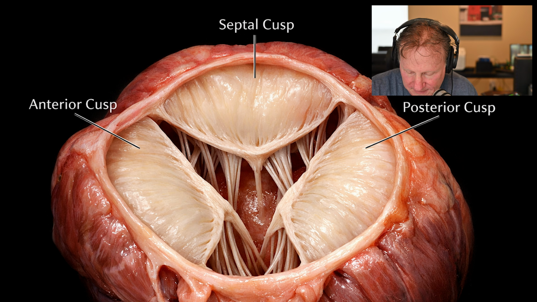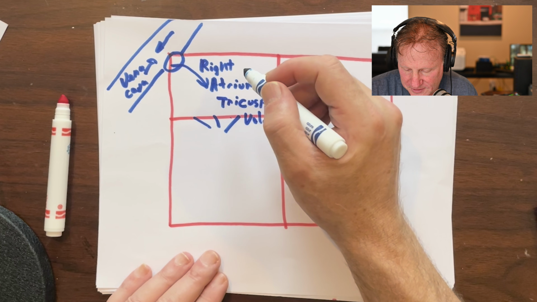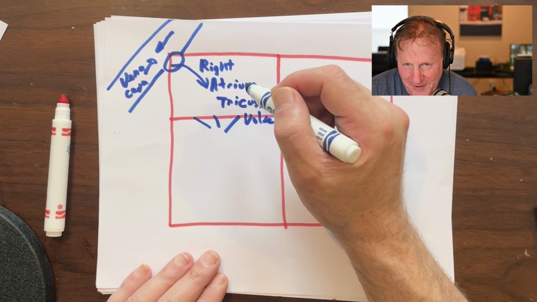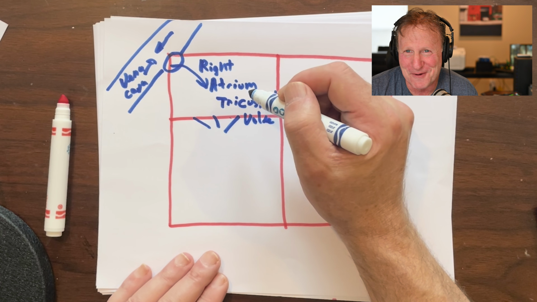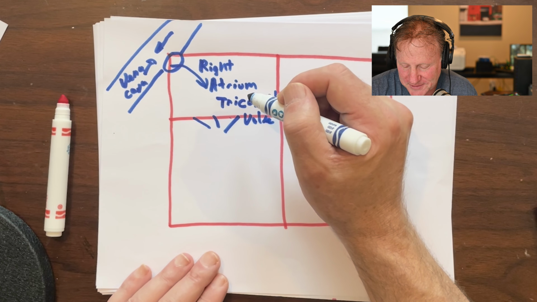The valve is composed of what looks like 3 cusps, and as a result of it having these 3 cusp-like things, it's called the tricuspid valve. It's also called the right atrium valve. That will always work. You won't get it wrong, but often it's referred to as the tricuspid valve.